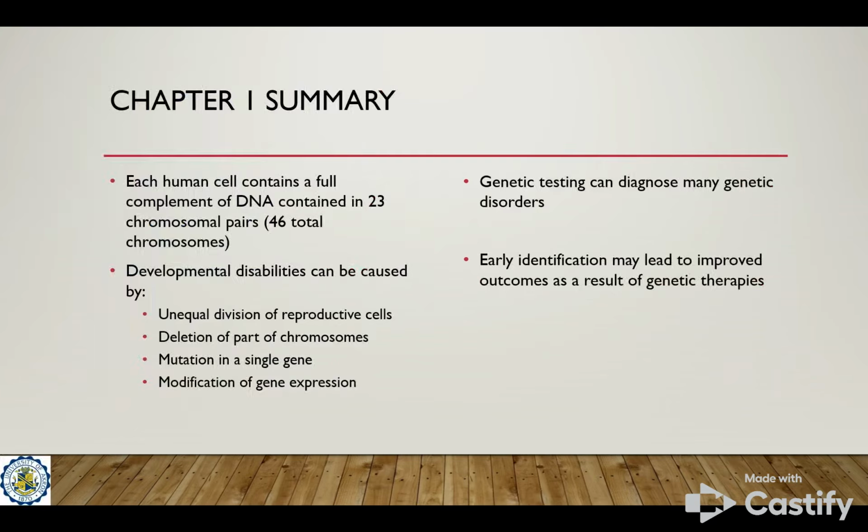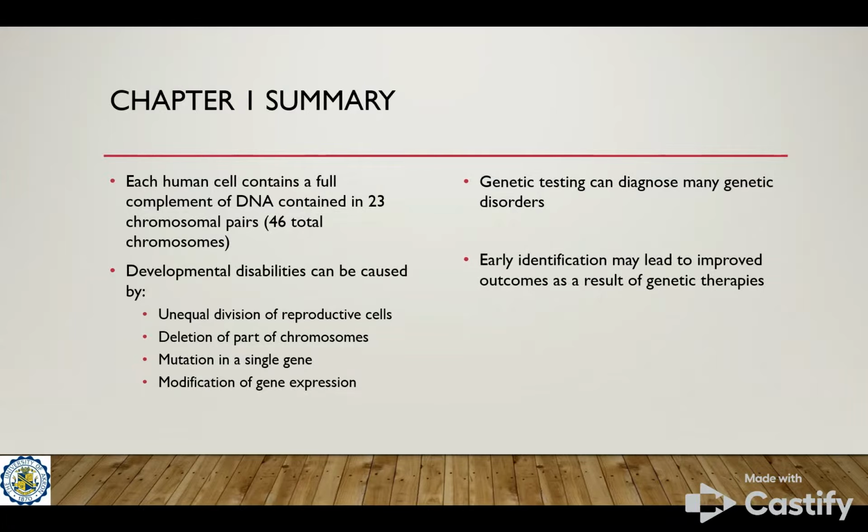So in summary, the important things to know is that each human cell contains a full complement of DNA, which is 23 chromosomal pairs. Developmental disabilities may be caused by an unequal division of reproductive cells, a deletion of part of chromosomes, a mutation in a single gene, or a modification of gene expression, how the gene's expressed.